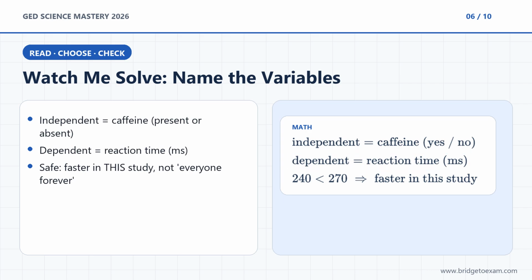And the safe conclusion is, in this study, the caffeine group reacted faster on average, 240 versus 270. Check. I will not say caffeine makes everyone react faster forever. This is 40 adults, one dose, one test. Careful and narrow always wins on the GED.